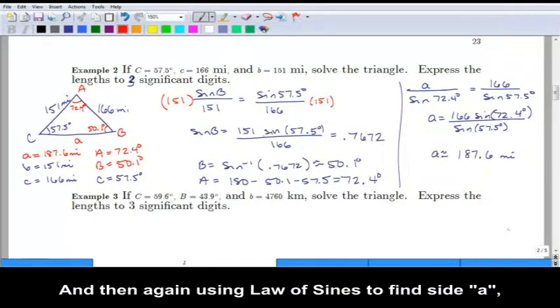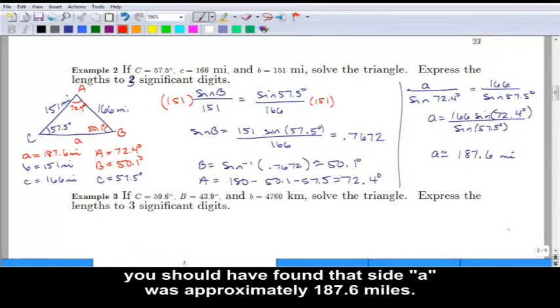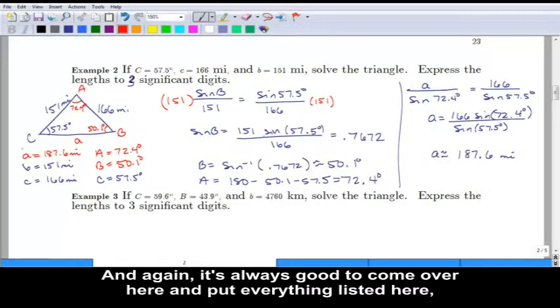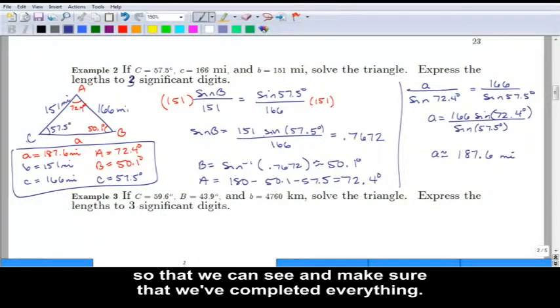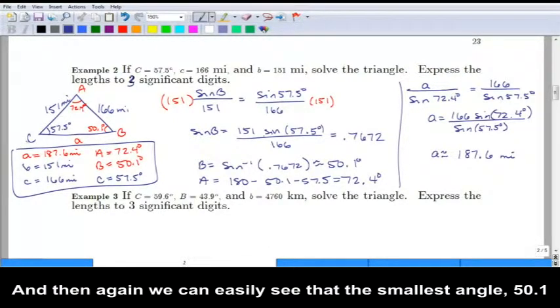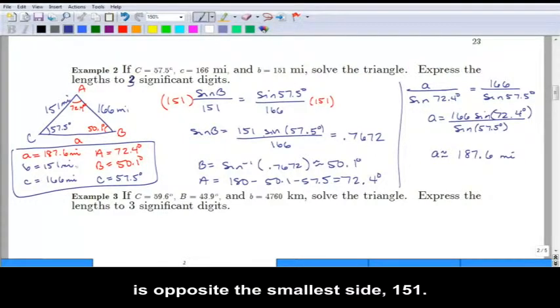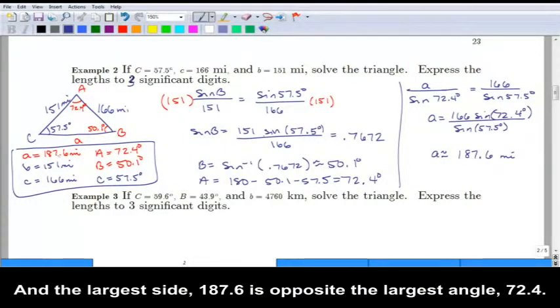And then again, using law of sines to find side A, you should have found that side A was approximately 187.6 miles. And again, it's always good to come over here and put everything listed here so that we can see and make sure that we've completed everything. And then again, we can easily see that the smallest angle, 50.1, is opposite the smallest side, 151, and the largest side, 187.6, is opposite the largest angle, 72.4.